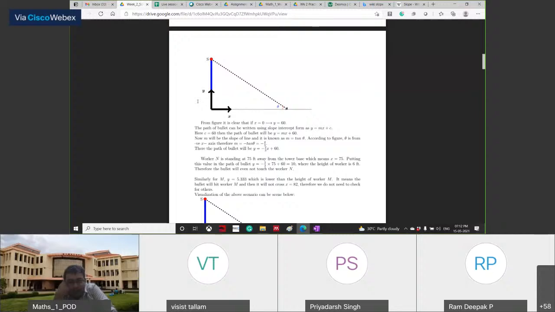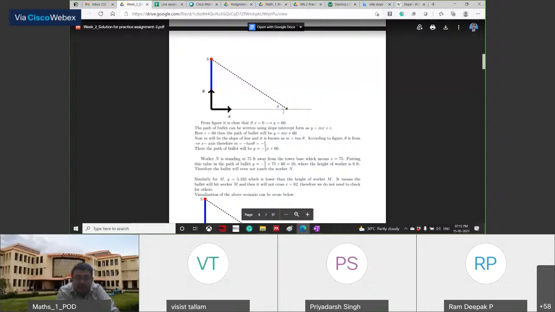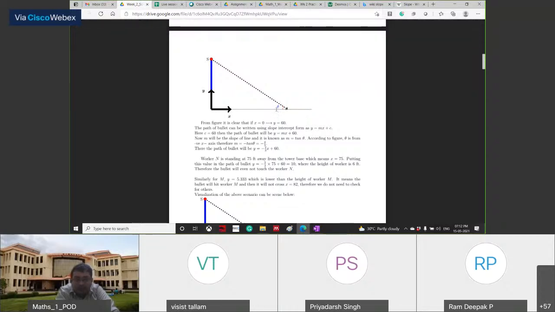So now m is the slope of the line, and we have already taught that the slope m equals to tan theta. So theta is from the negative axis. So basically, we are calculating it from this towards the negative axis. This line, we are in the negative quadrant. So the right side is the plus x, and the left side is the minus x, right? So towards this minus x, we are going up and up.